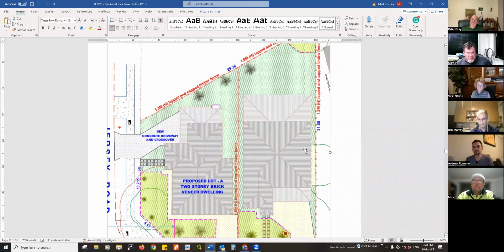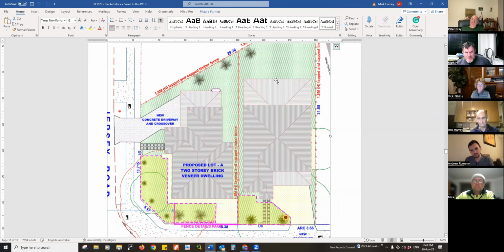A 600 square metre block of land divided now into two blocks of 300 square metres. I just find it hard to consider how you fit two things together, big houses and then this thumping big amount of concrete. The built form on that site is probably close to 50%.